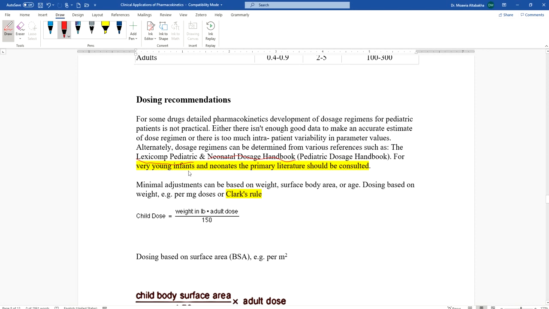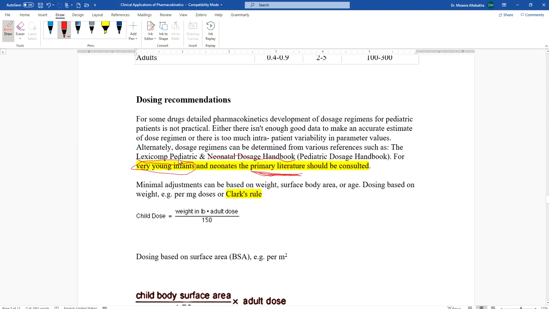Usually, it's better always to refer to the primary literature, especially when we deal with very young infants or neonates. These books, even Lexicomp Pediatric, might be a little late, while new primary literature is out there, but you may not find that information in Lexicomp or the Neonatal Dosage Handbook. So primary literature will be very useful in this regard.